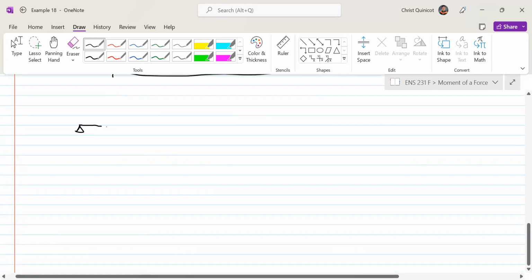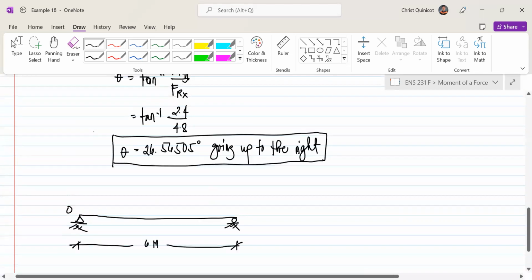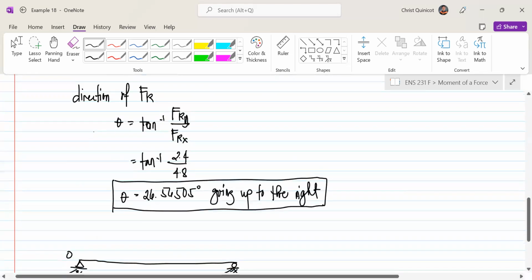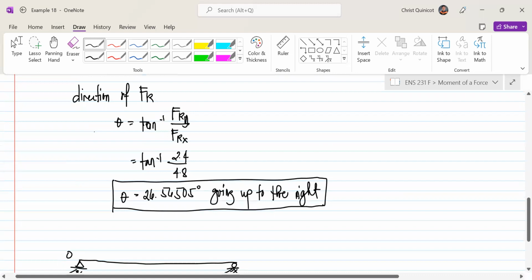This is our pin, this is our roller, and this is our point O. From here to here is 6 meters. Now our resultant force is 5.36656314 kilonewton going up to the right.